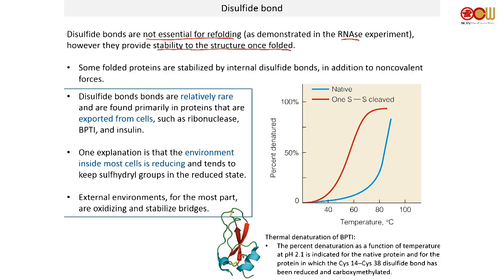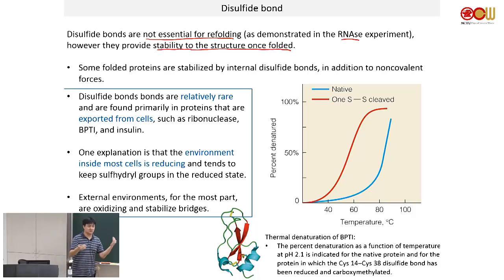Now, in some cases, like insulin, for example, insulin has a couple different chains. You have the alpha chain and the beta chain. In those cases, disulfide bonds are used to keep them together. Like, for example, in your antibody, the antibody has that small V part and then the long part, right? The light chain is held together by disulfide bonds.